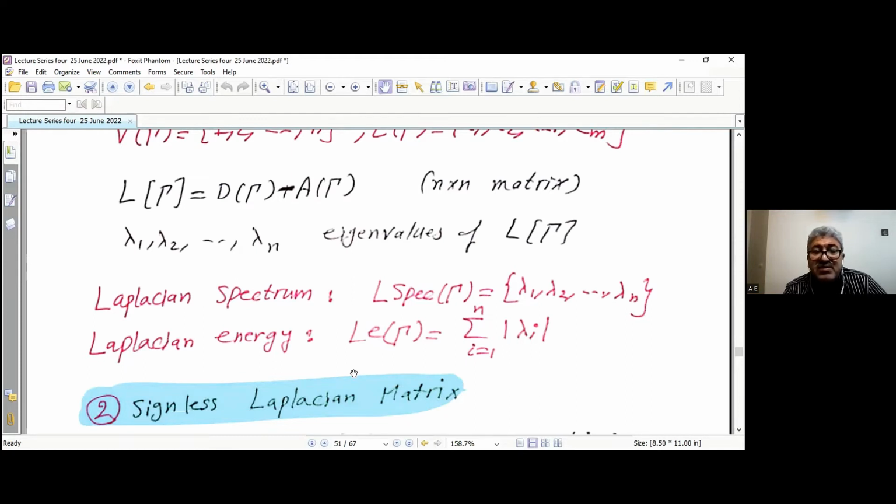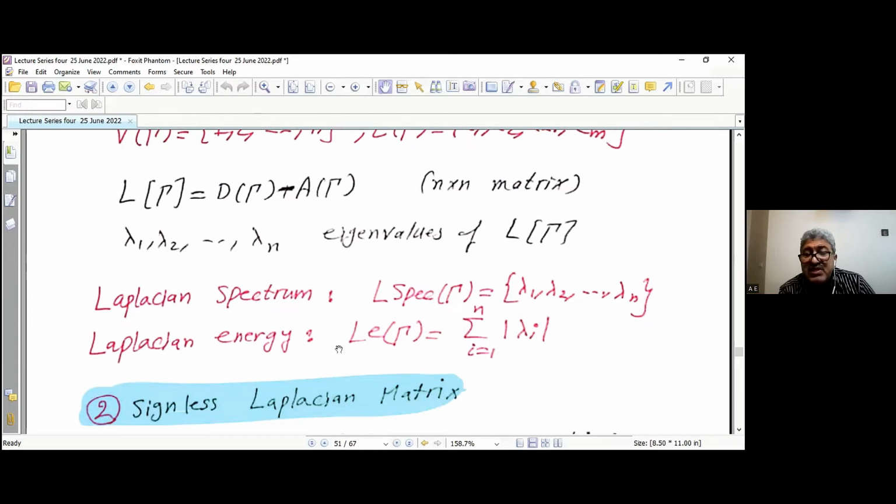For the Laplacian matrix we have n eigenvalues. The Laplacian spectrum is the set of all eigenvalues of the Laplacian matrix. Of course, it depends on the multiplicity. If lambda 1 has some multiplicity, we put lambda 1 to the power of its multiplicity. Now, the Laplacian energy is the sum of absolute values of all eigenvalues of the Laplacian matrix.